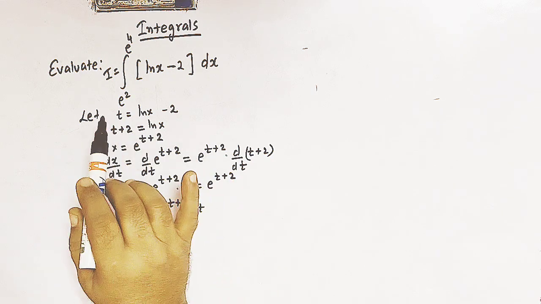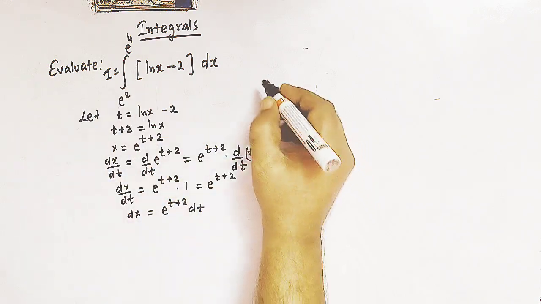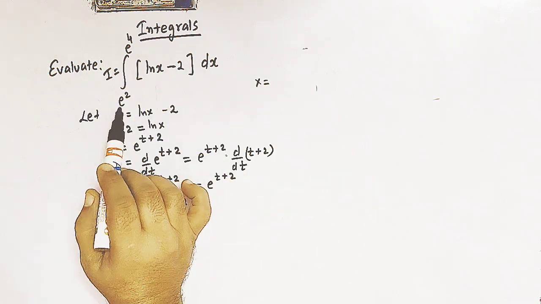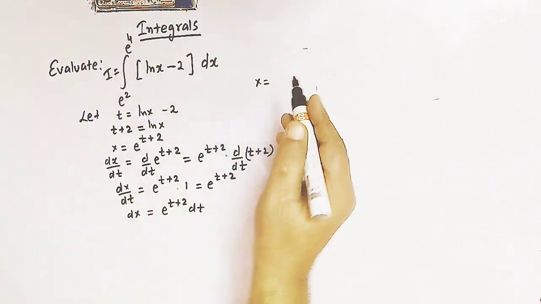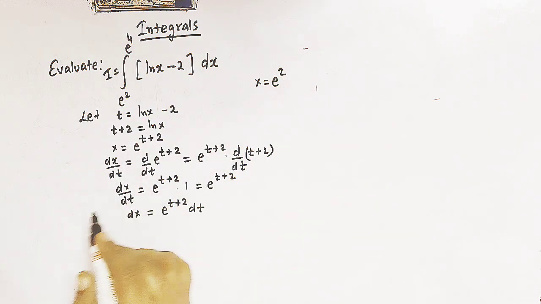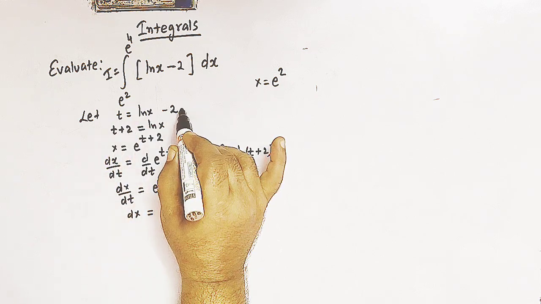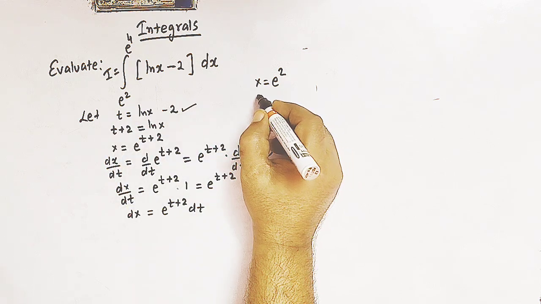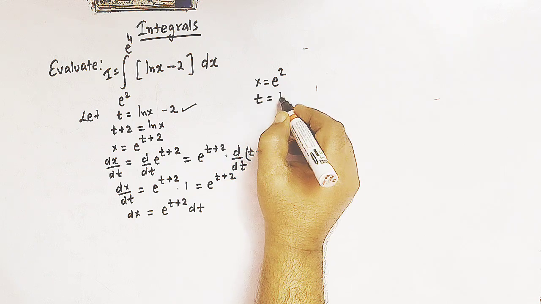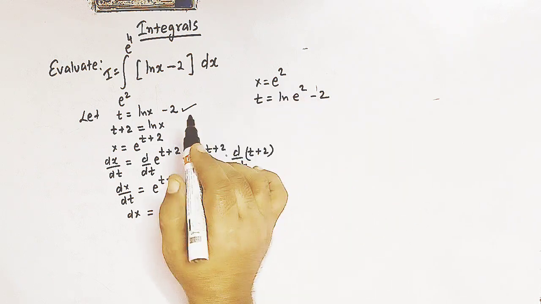Okay, now let us change the limits, and here x varies from e square to e raised to 4. So when x is equal to e square, then the value of t can be obtained from this relation. So we can now write t is equal to natural log of e square minus 2.